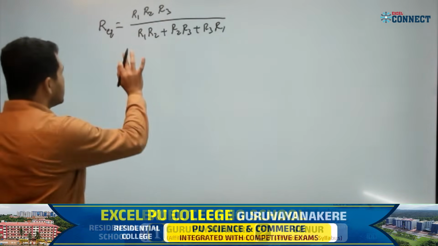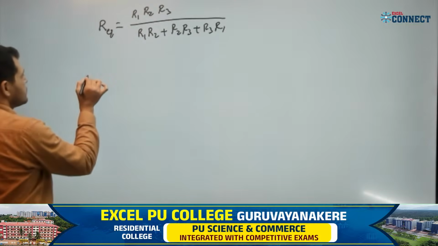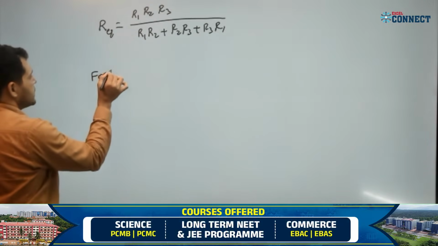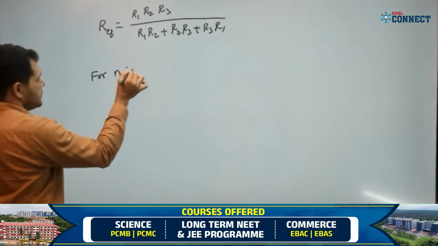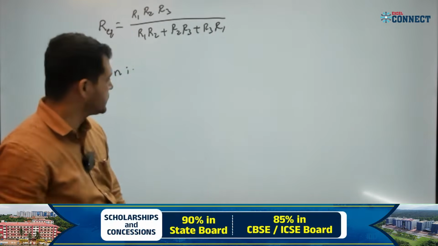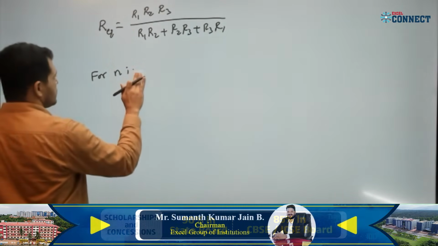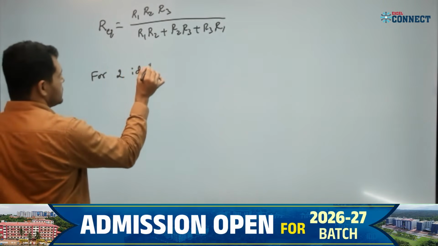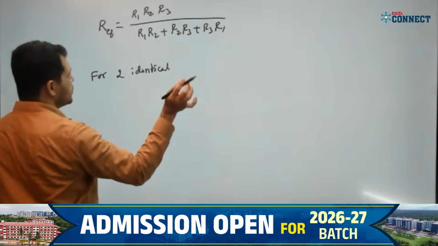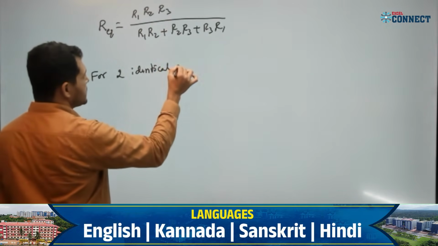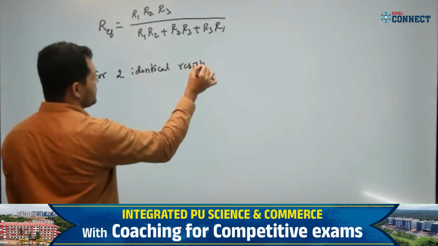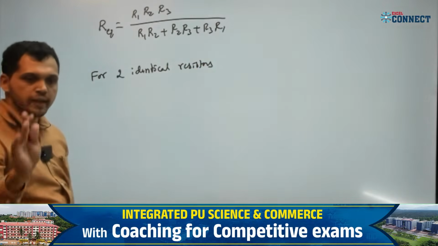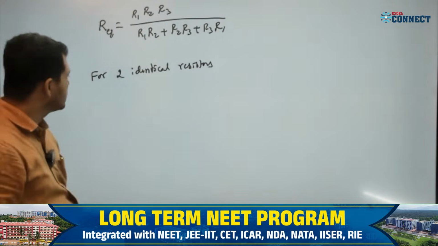Now I will take n identical resistors. For simplicity, first I will take 2 identical resistors, then it will be more clear for you. If you take 2 identical resistors, this will be easy.